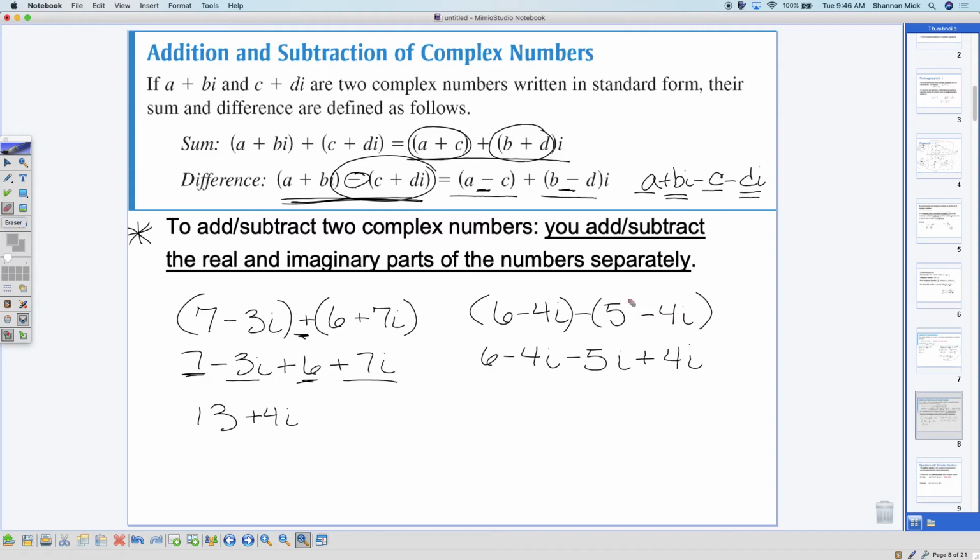Why would it be plus? Because you distribute the negative on the last one. Yeah, that's just like any other polynomial. And then what do I get? 6 and negative 5, so my answer is just 1.